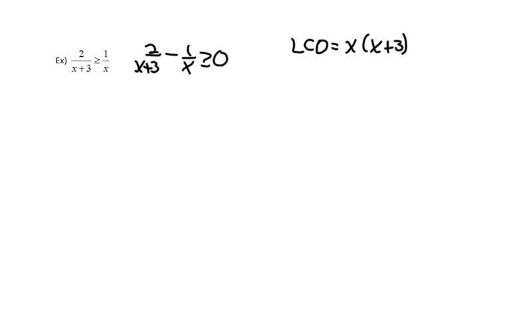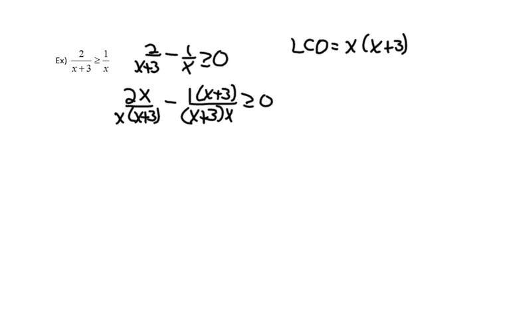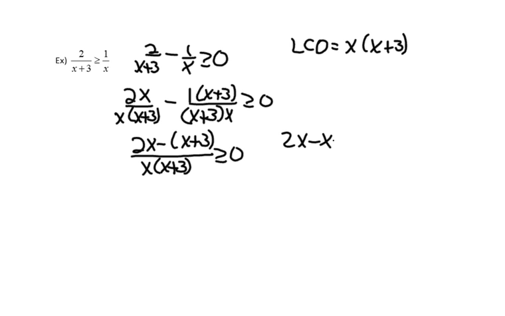Well, I'll leave the inequality for now. So multiply top and bottom here by x. Here, I'm going to multiply top and bottom by x plus 3. Okay. I'll rewrite this as one fraction. Okay, distribute the negative.